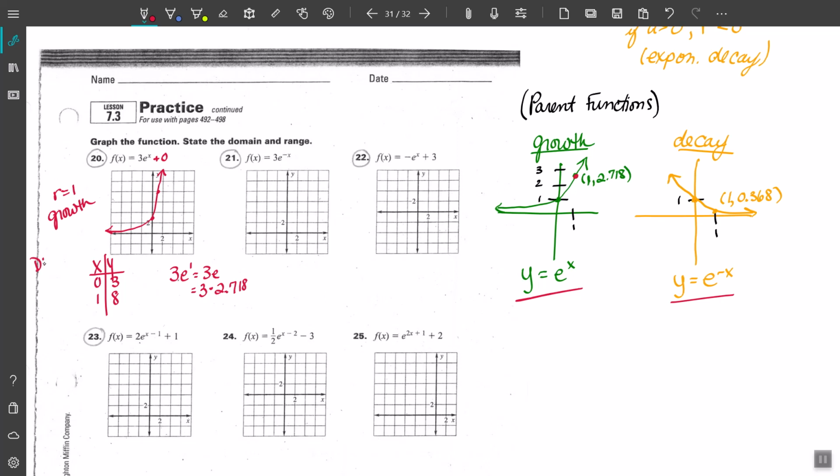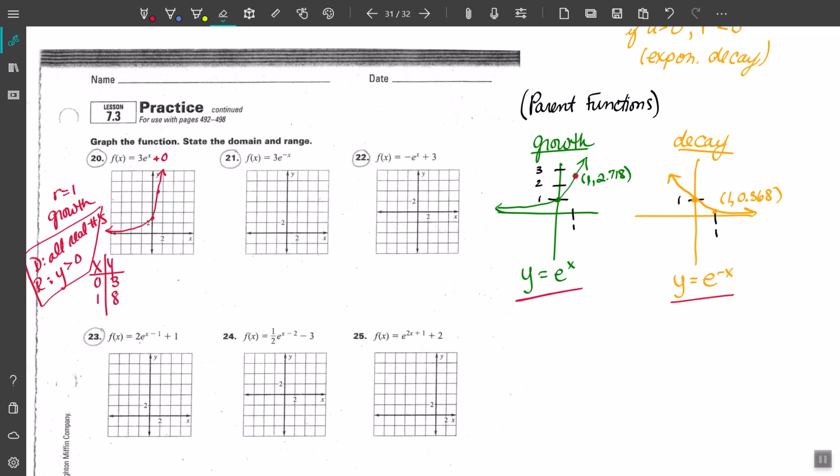Our domain on this is going to be all real numbers, right? All of the x's will eventually be part of this domain as it goes on and on towards positive and negative infinity. But our y's, that's what that asymptote is for, the y's cannot be 0 or less than 0. So this right here states our domain and range.